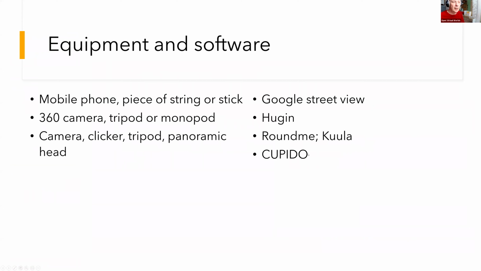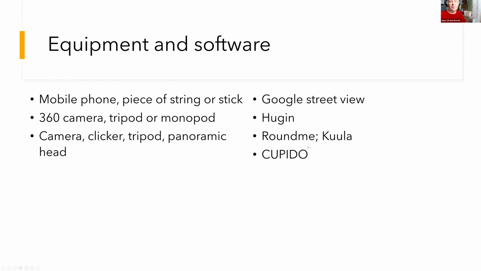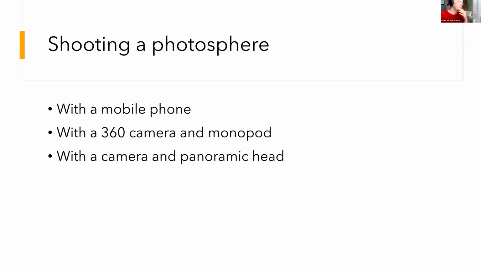And then Cupido is a virtual museum project that we've been working with from St Andrews, which can archive your spherical media and help you with creating galleries of spherical media. So here's Hugin, a panorama photo stitcher.